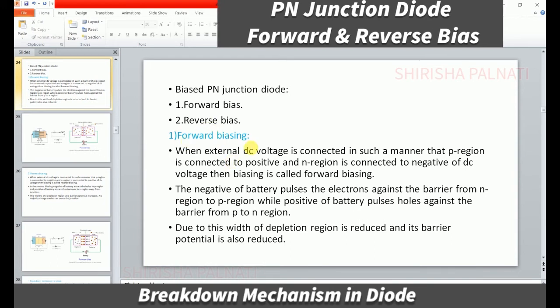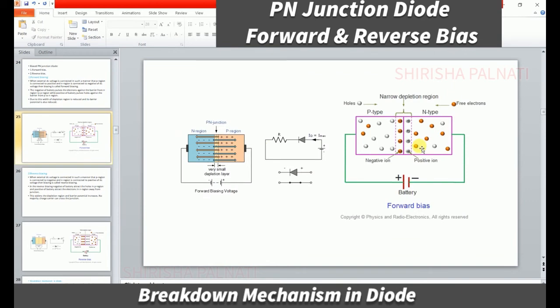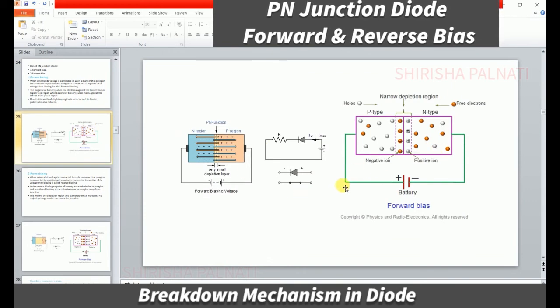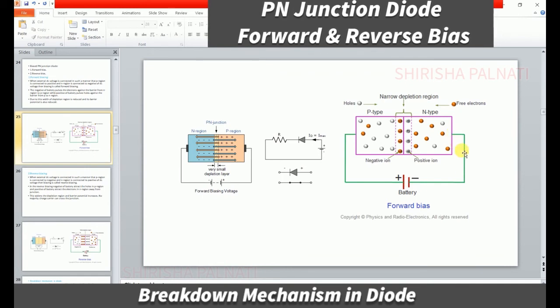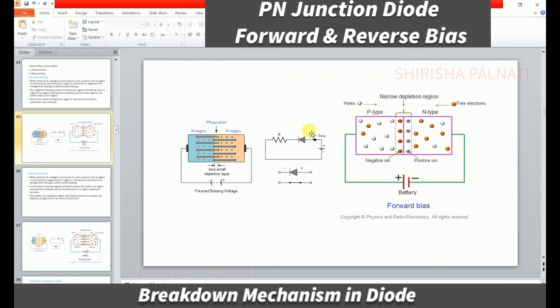The first one is forward biasing. This is the circuit diagram of the forward bias. Here we connect the positive terminal to the anode and the negative terminal to the cathode. This is called forward biasing of the circuit. See here the actual circuit of the forward bias.